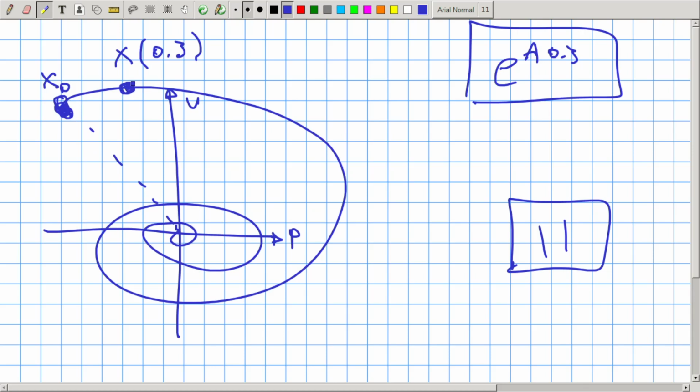Do you see it? Moreover, the same matrix, if this is x of 1 and this is x of 1.3, has to map this one into this one. Do you see it?